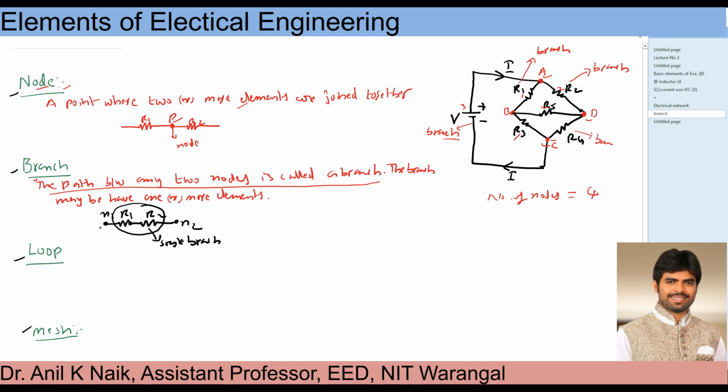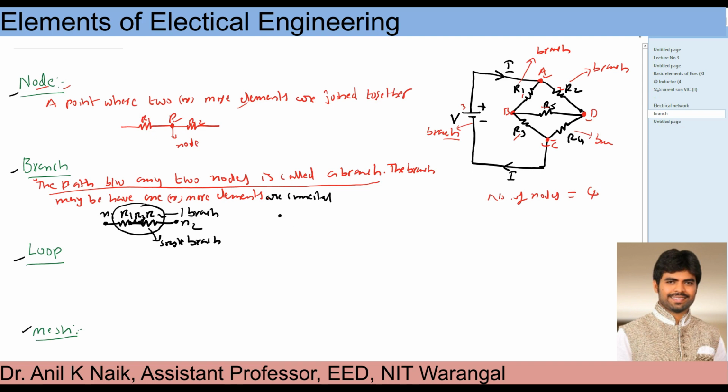Remember, in between the two nodes, if one or more elements are connected in series, then the combination of these elements can be considered as a single branch. It may have another element in between these also. Then R1, R2 and R3 also can be considered as a single branch.